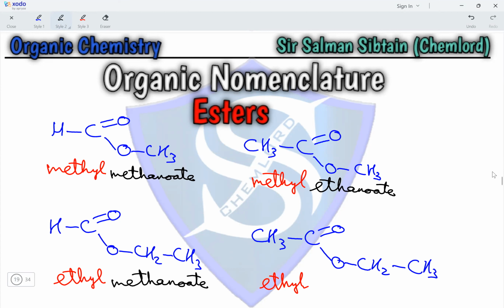And on the last example, we've got two carbon atoms. This is the one with ethanoate. So methyl methanoate, methyl ethanoate, ethyl methanoate, and ethyl ethanoate.